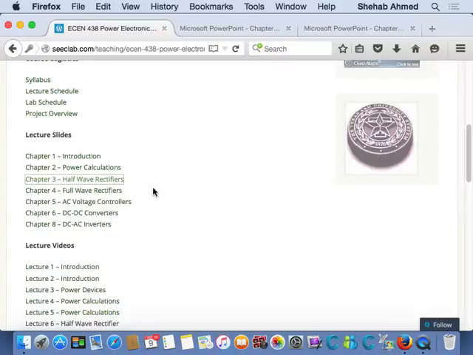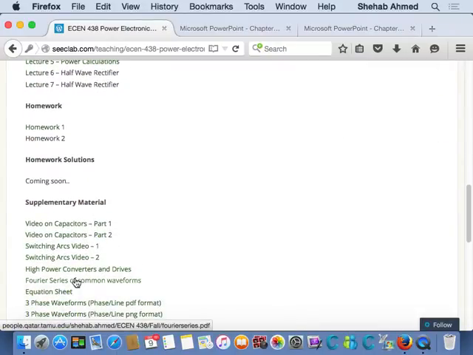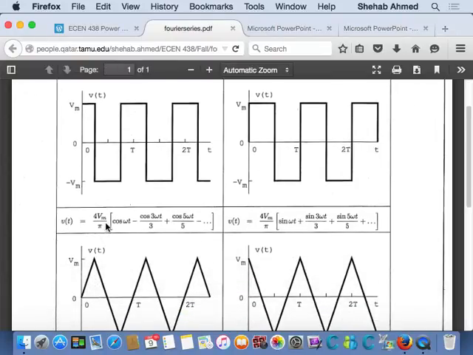Any of the Fourier series waveforms, as we increase the harmonic order, we are dividing by that. So the fundamental is 4 Vm over pi cosine omega t. Third harmonic is cosine 3 omega t over pi, divided by 3. So as we increase the harmonic, we also divide it by a larger number, right?